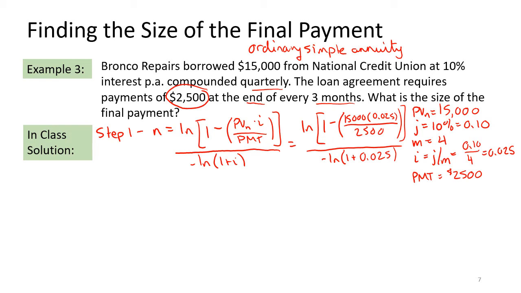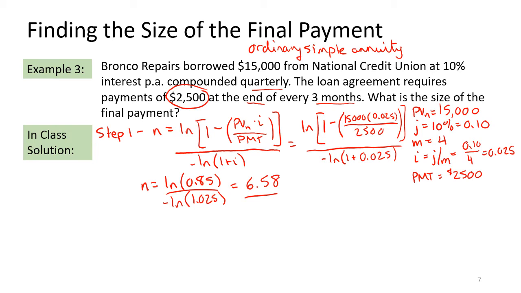Okay, so the same thing we've done in the past solving for n. So if I do this in steps, the numerator comes out to 0.85, and then the denominator is the negative ln of 1.025. And if you calculate that out, you get 6.58. So again, you see we have a fractional payment.